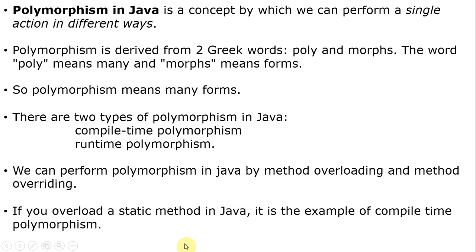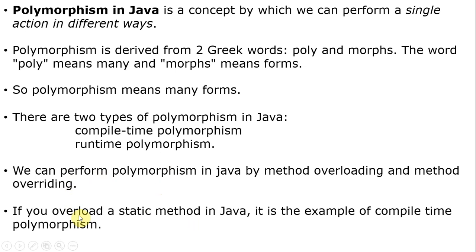When it comes to method overriding, leave the return type aside: the name of the method, the order of the parameters, the number of parameters and the type of parameters are all the same. In overriding there is no difference in the method signatures, but in overloading there is a difference.